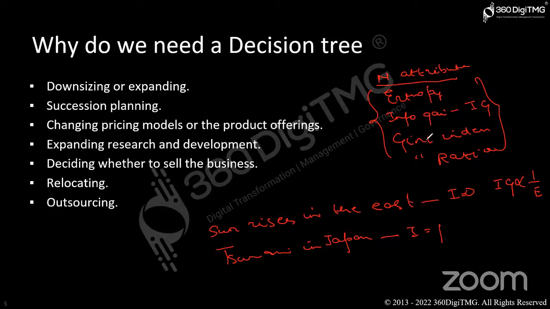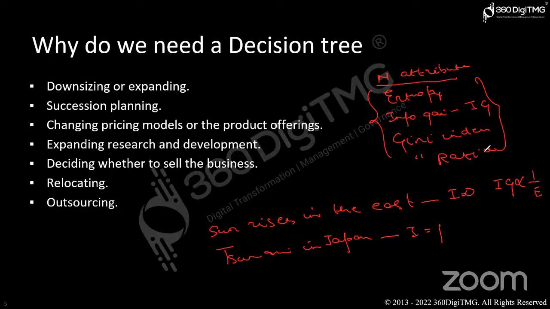A higher value of the Gini index implies higher inequality or higher heterogeneity. Gain ratio. Information gain is biased towards choosing attributes with a large number of values as root nodes.